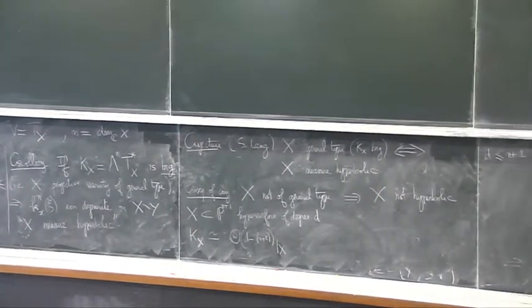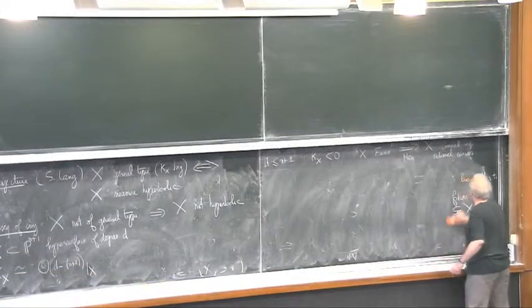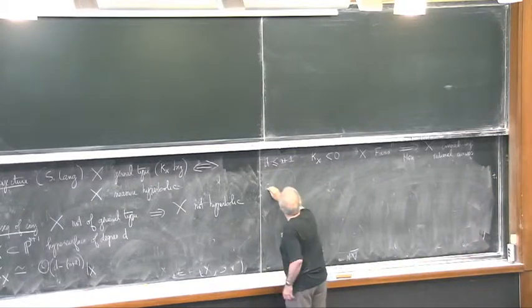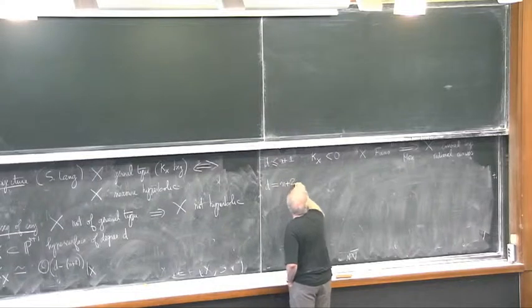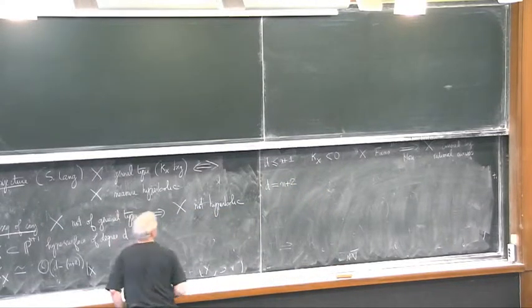But then, of course, when d is exactly n plus 2, the canonical bundle is trivial. You get what people call a Calabi-Yau manifold in general. X is Calabi-Yau.